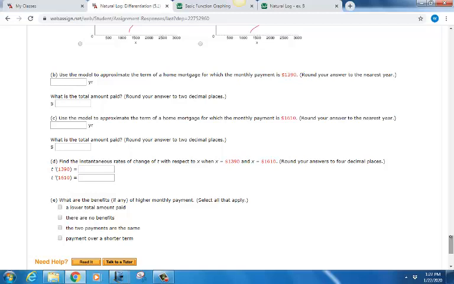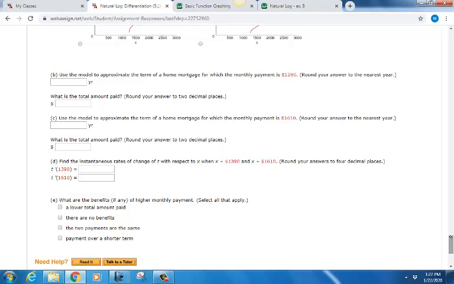So what they're really asking you here, in more familiar calculus language, is what is the derivative when x is 1390 and also when x is 1610. They indicate that in the notation. They want you to evaluate the derivative at 1390 and at 1610.